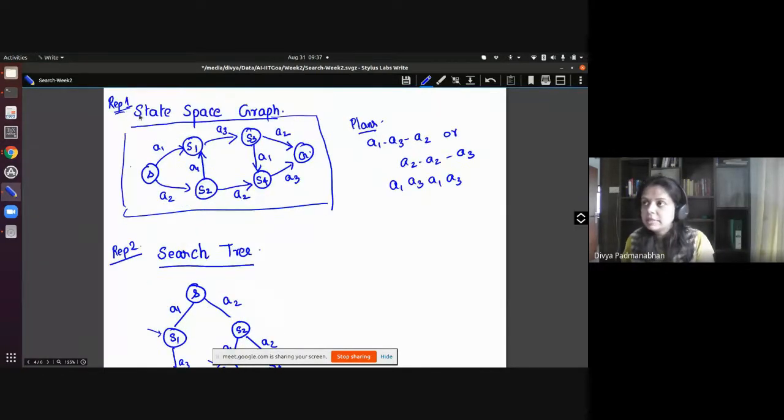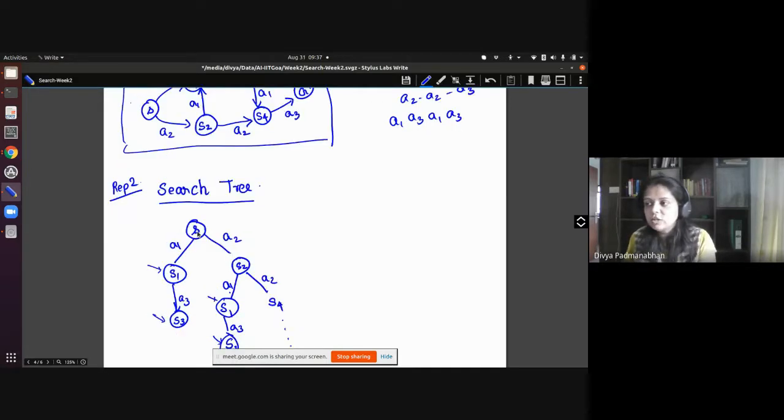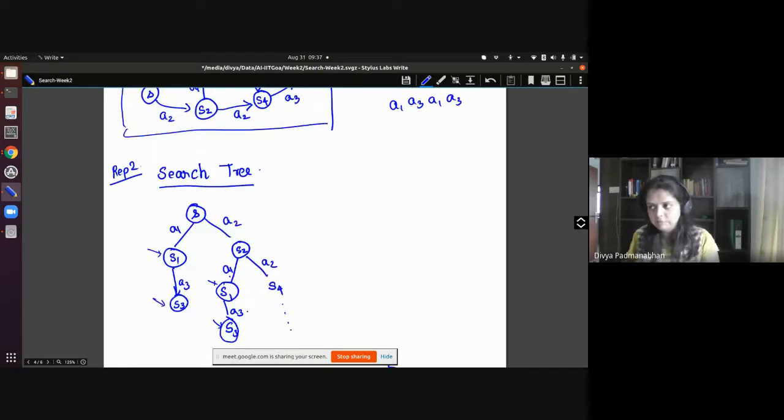Here, the repetitions are taken care of because each state just appears once in the state space graph. You take care of these repetitions by the direction of the arcs accordingly, but in the search tree you explicitly list them out. So it's a listing of all the possible plans. Every branch of this tree, if you enumerate, you're going to get a plan.